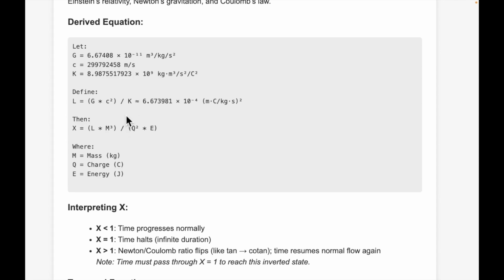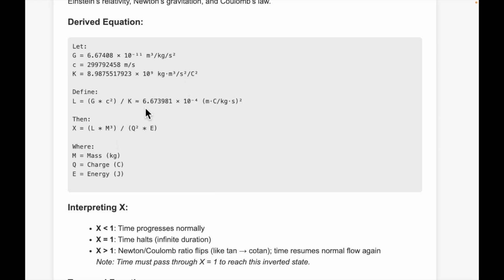Now, what you could do is flip the ratio, flip Newton and Coulomb, and you'll get a different number, but you'll get the same x, because what we're looking for is x equals 1, and the constant makes it right.